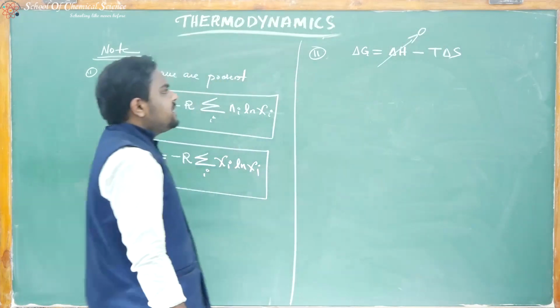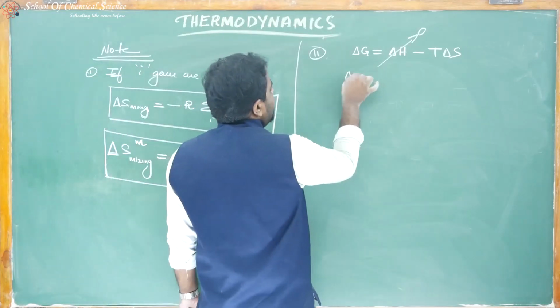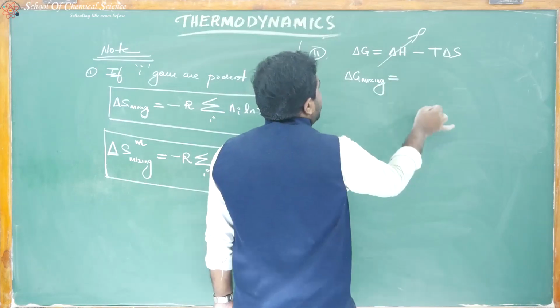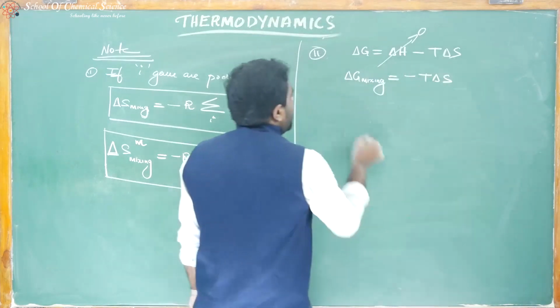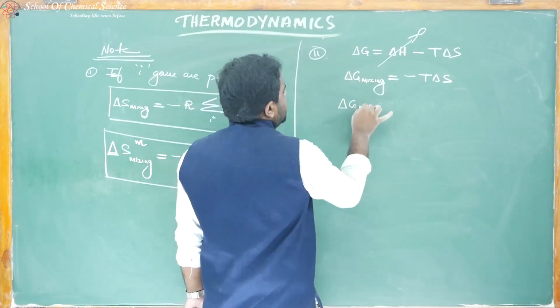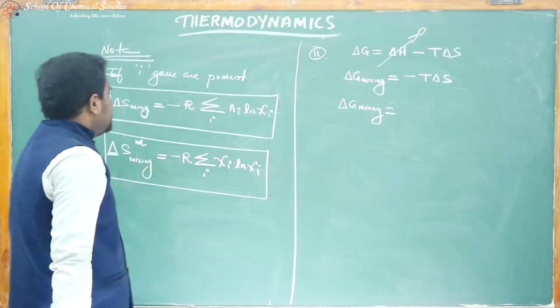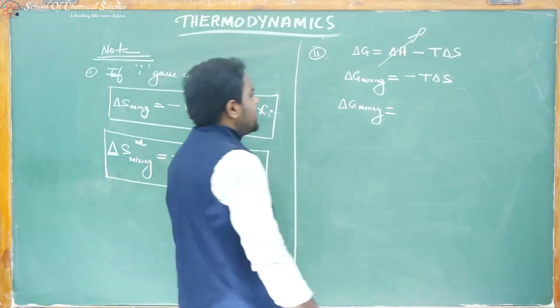So you can write delta G mixing, the Gibbs free energy change for mixing, is equal to minus T delta S. Or you can say that delta G mixing is equal to minus T into, this is the equation for delta S.